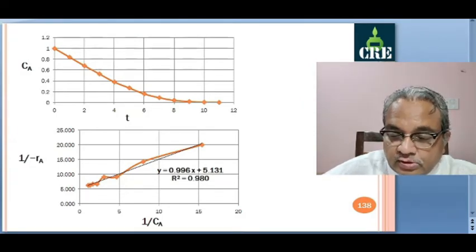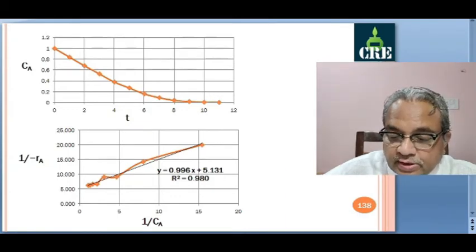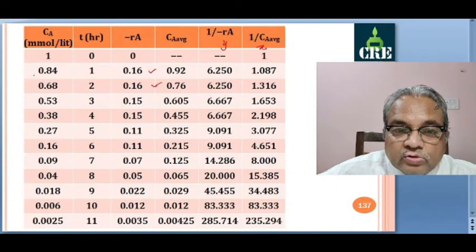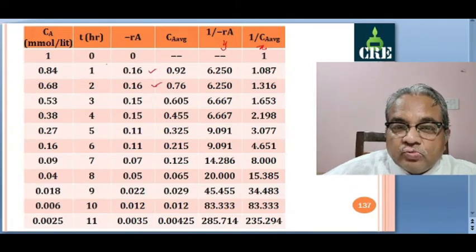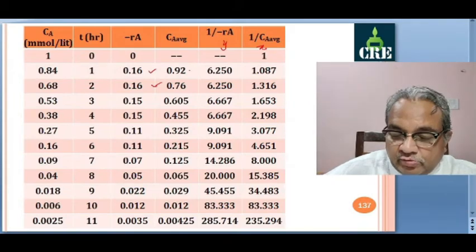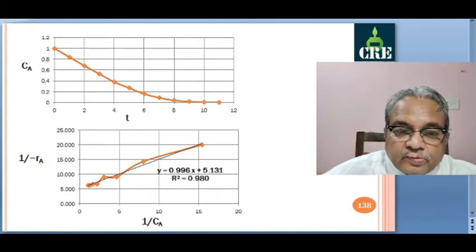Here we have considered all the data points and all consecutive values I have taken. So we have 1, 2, 3, 4, 5, 6, 7, 8, 9, 10, 11 and 12 points. So 11 pairs we have got. So we have 11 points of minus Ra for 11 values of Ca average, and these points we have plotted.